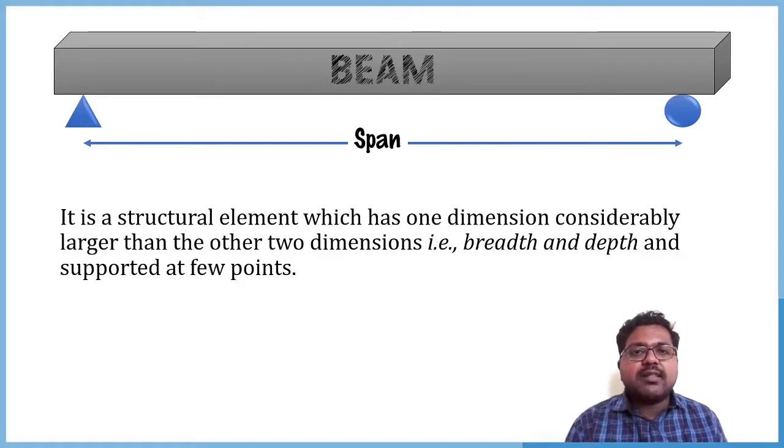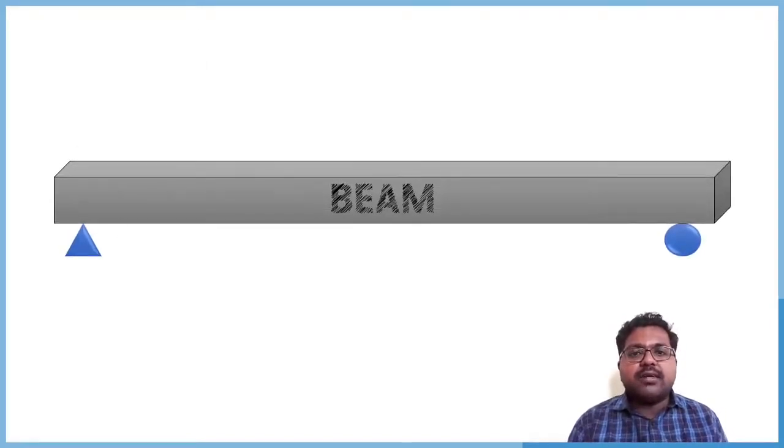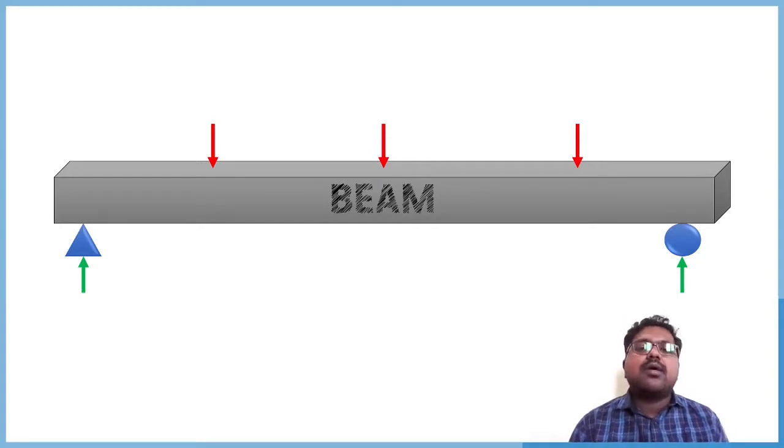Whenever this beam is loaded with external loads, to maintain the equilibrium condition, equal and opposite forces are acting on the beam through supports in the form of reactions. With that, the beam is said to be in equilibrium condition.